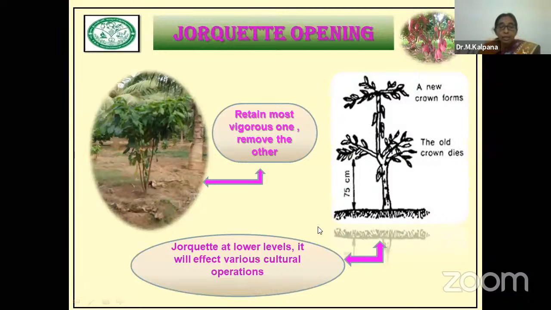If the jorquette has formed at the lower end, below 1 meter, then we have to allow the chupon to grow up and give a second jorquette, and when the tree matures, slowly we have to remove these fan branches, so that the jorquette height is maintained. So the best congenial jorquette level is around 1 to 1.5 meters.